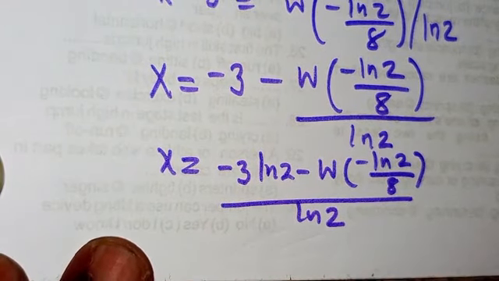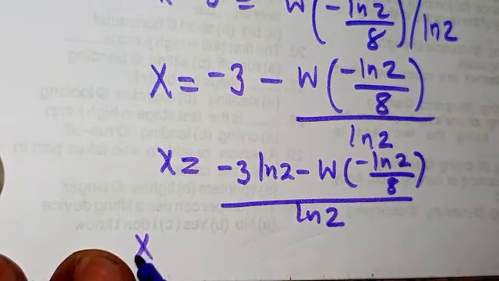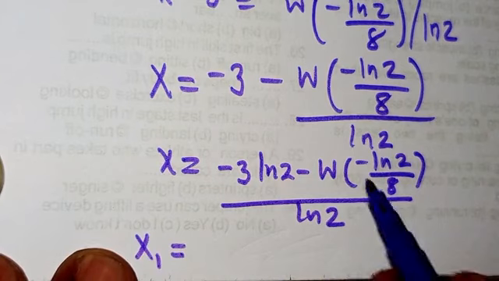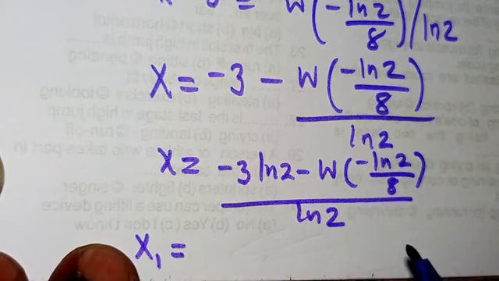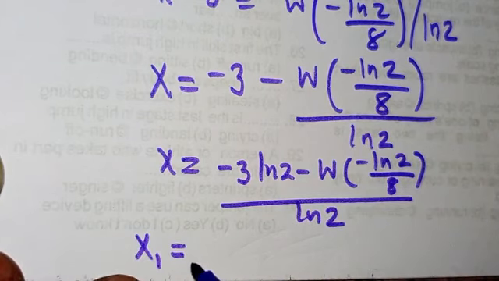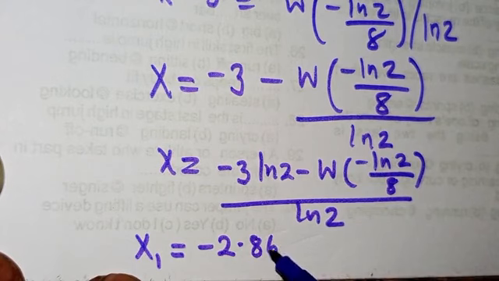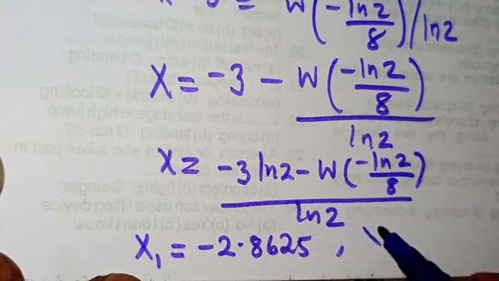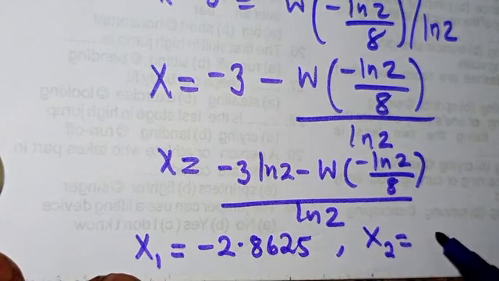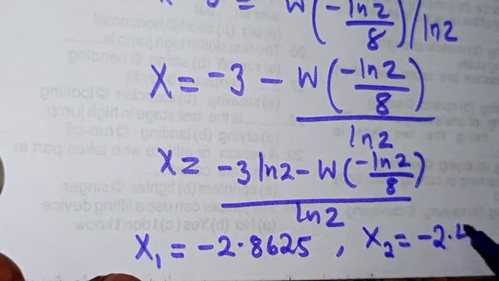Okay, so now finally we are going to have our two solutions. If you put this inside, we have x1 equals minus 2.8625, and x2 is going to be minus 2.445.